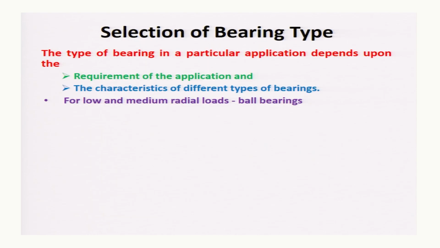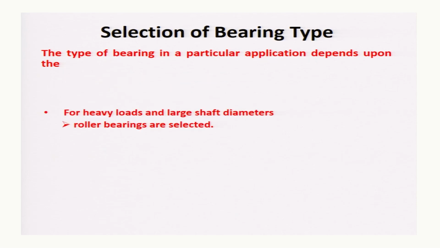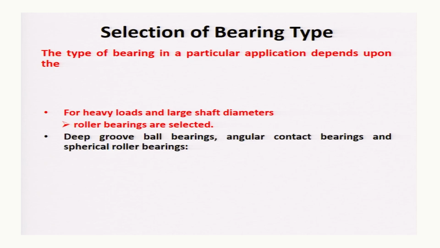Now the selection of bearing type. The type of bearing in a particular application depends upon the requirement of the application and the characteristics of different types of bearings. For low and medium radial loads, ball bearing is used. For heavy loads and large shaft diameter, roller bearings are selected.